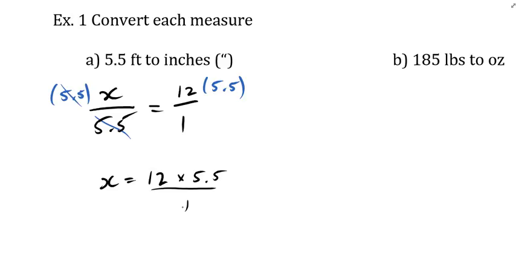And I'm telling you, people get a little bit cocky when it comes to doing this stuff, and they want to do the shortcut. For the most part, they understand it. They're like, why do I have to use a proportion? I know you just multiply by 12. So in some cases, you multiply. In some cases, you divide. But if you do that, first of all, I'm going to want to see you at least once or twice set up a proportion to solve it.